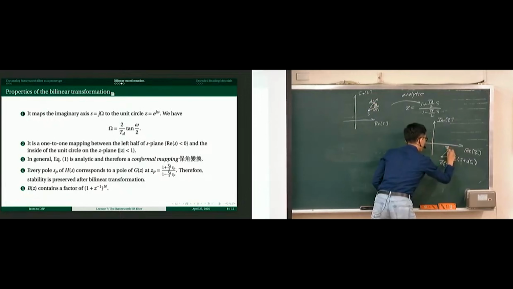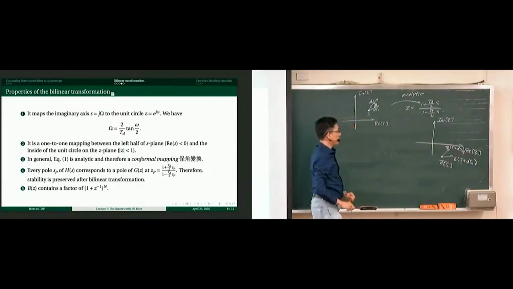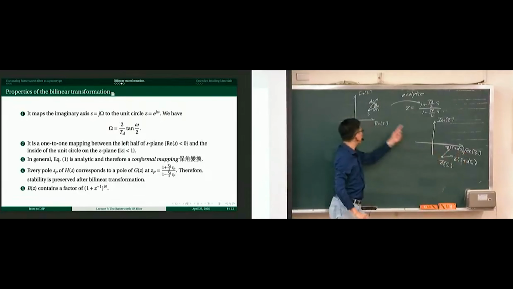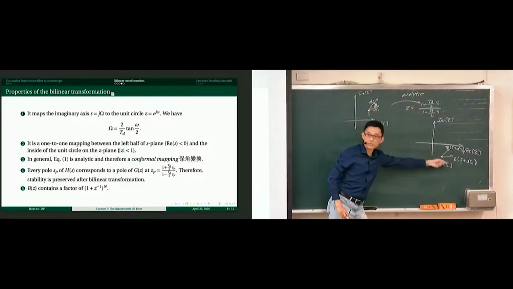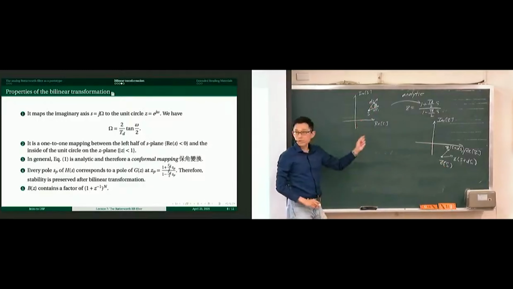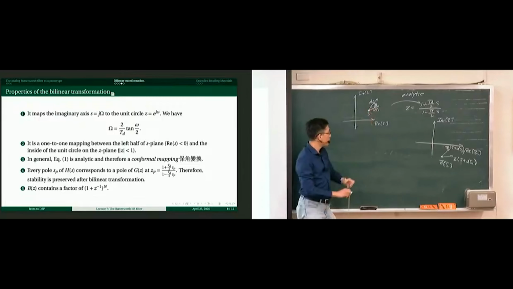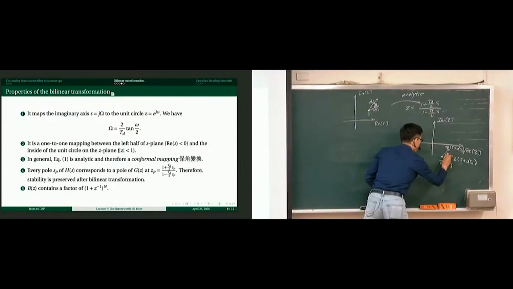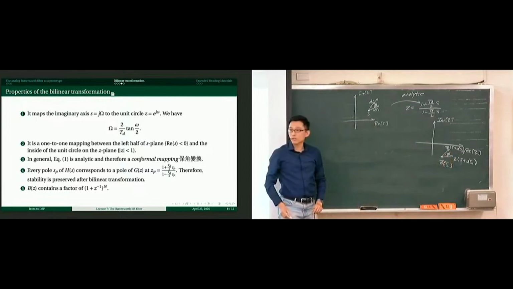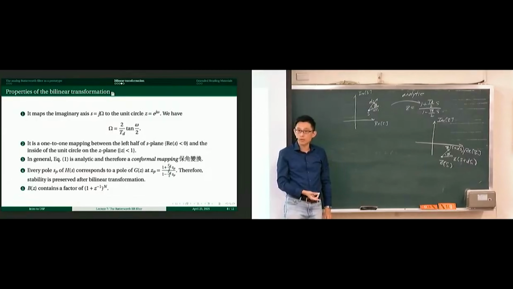This is z of S plus infinitesimal ds2. In general, these two directions are not going to be the same as the original two directions. But what remains the same is the angle in between the two directions. That's what we mean by conformal. This angle phi is preserved after the transformation. If a transformation has this property, then we say that the mapping is conformal. We have a conformal mapping, 保角变换.